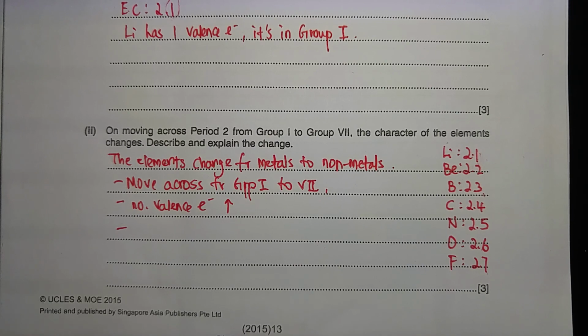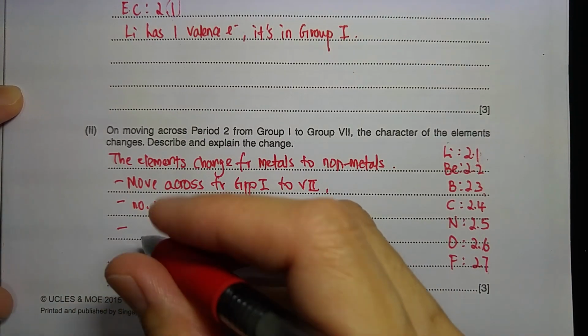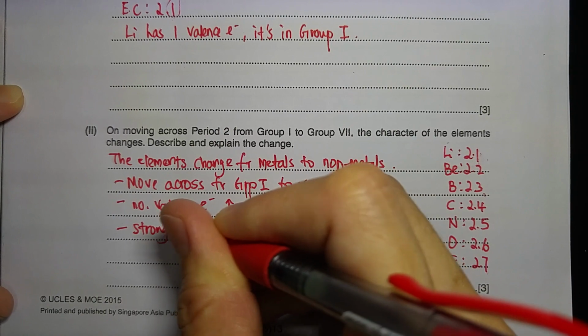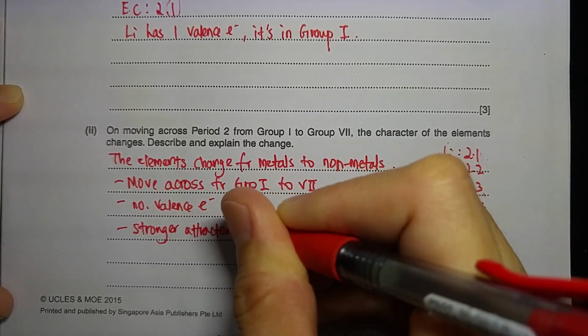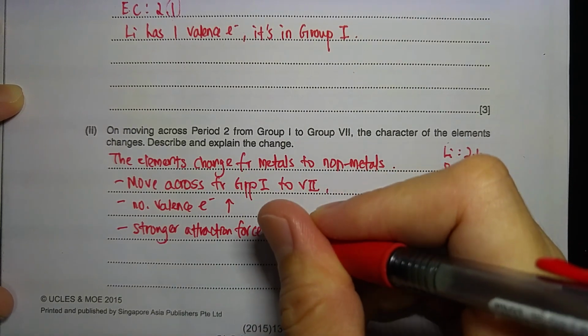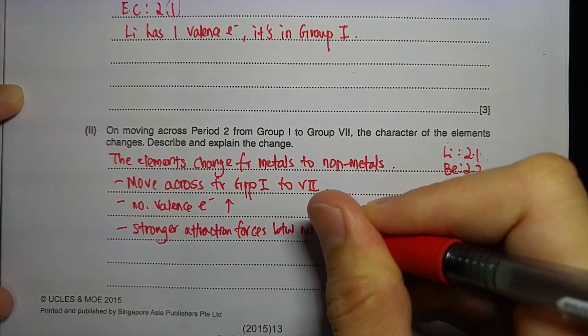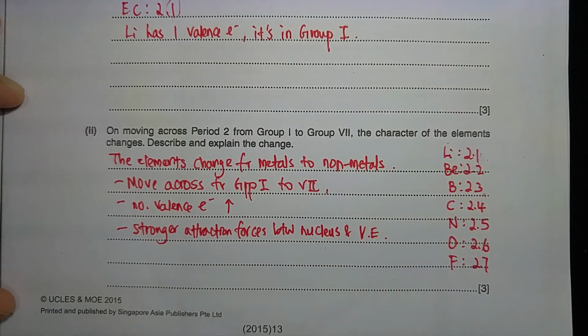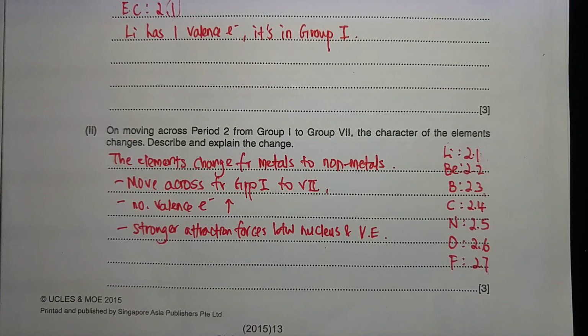So this is stronger attraction forces between nucleus and valence electrons. The protons in the nucleus get to attract more valence electrons, so the attraction is stronger.